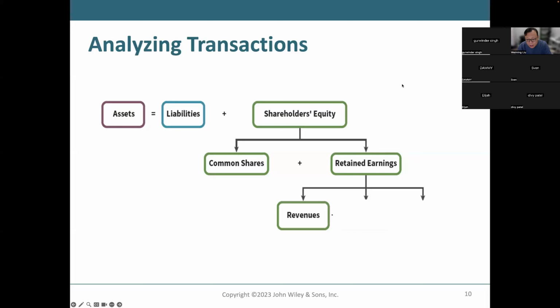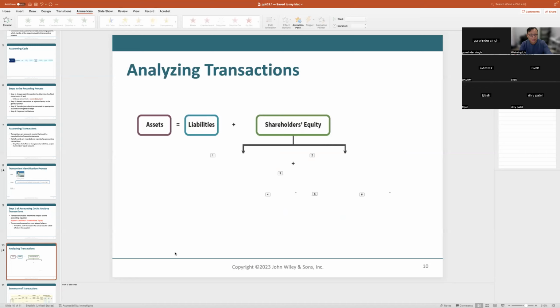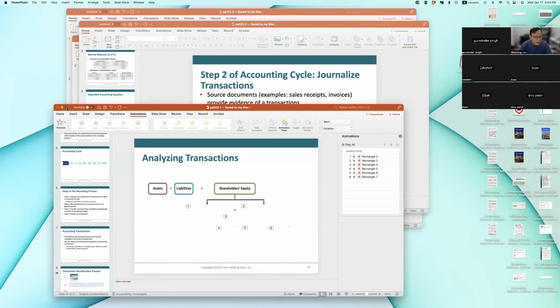So I use my revenue minus my expenses. That's my net income. And then I minus the dividend declared. That will be my retained earnings. So you can see that this is my accounting equation, right?